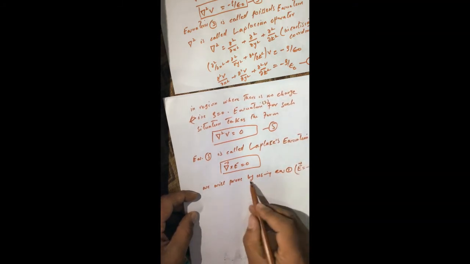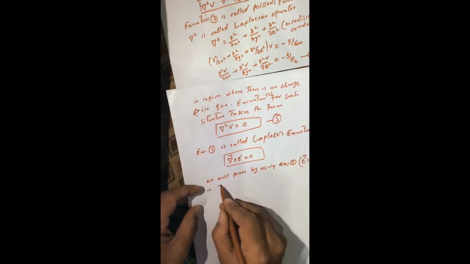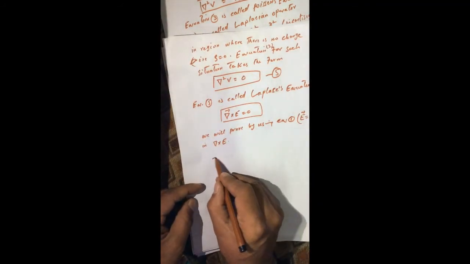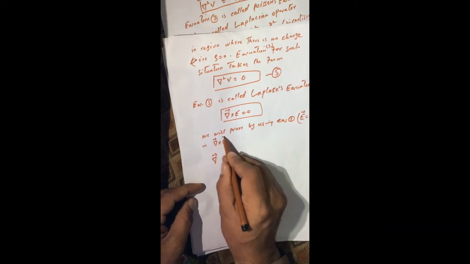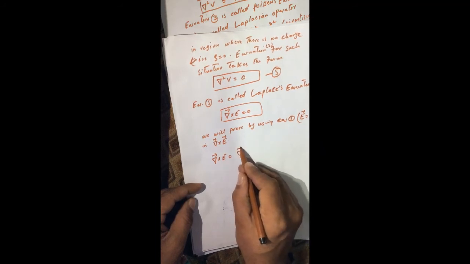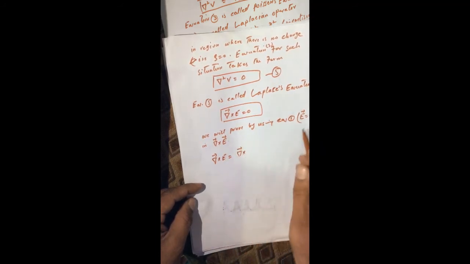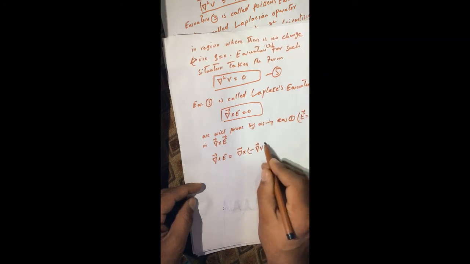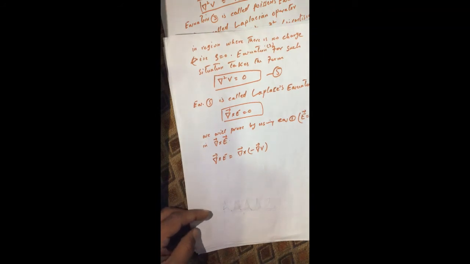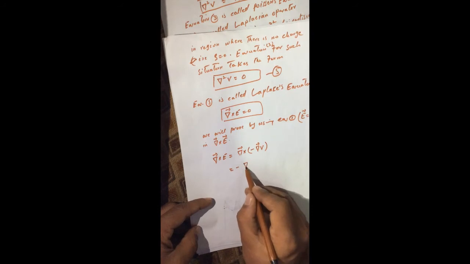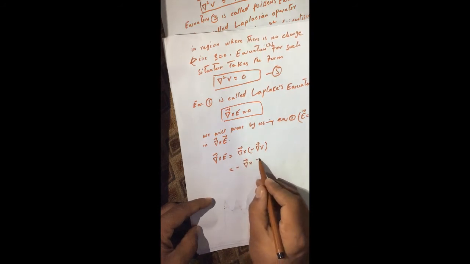We will prove this by using equation 1 and this quantity del cross E. Now del cross E, or the curl of E, will be equal to the curl of E, where E is now minus del V. We can write it as minus, I will keep it outside, del cross del V.